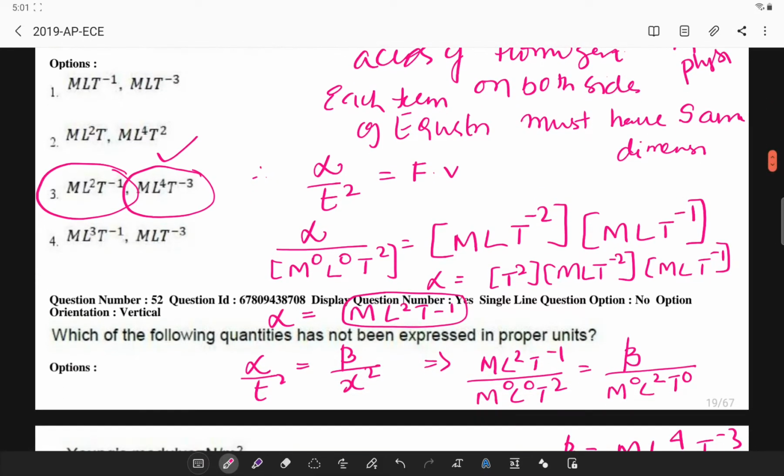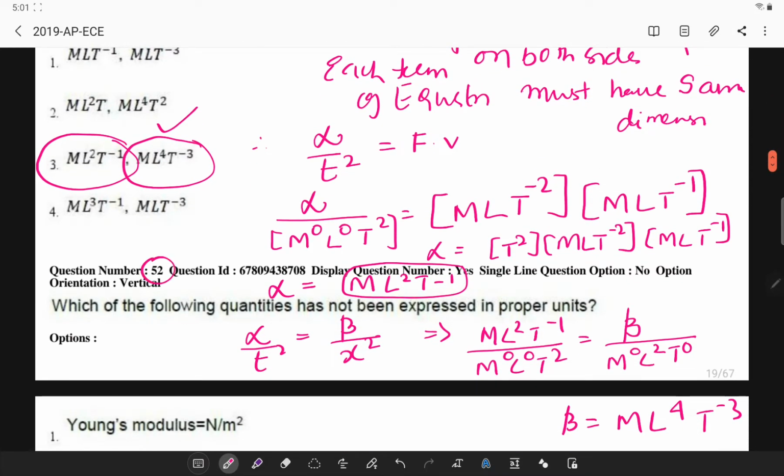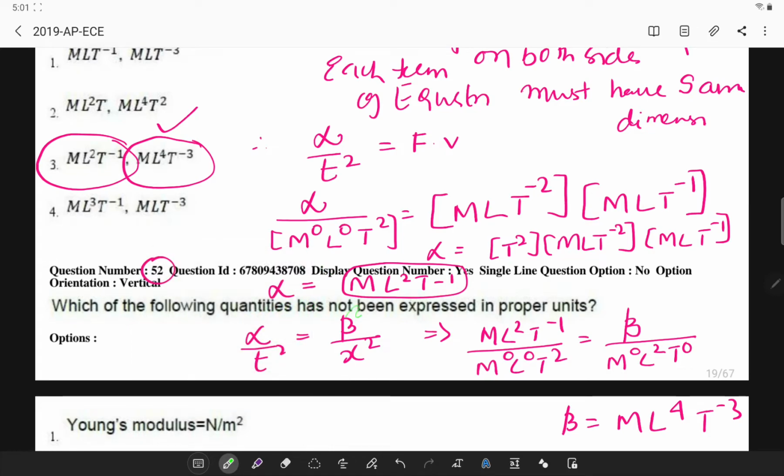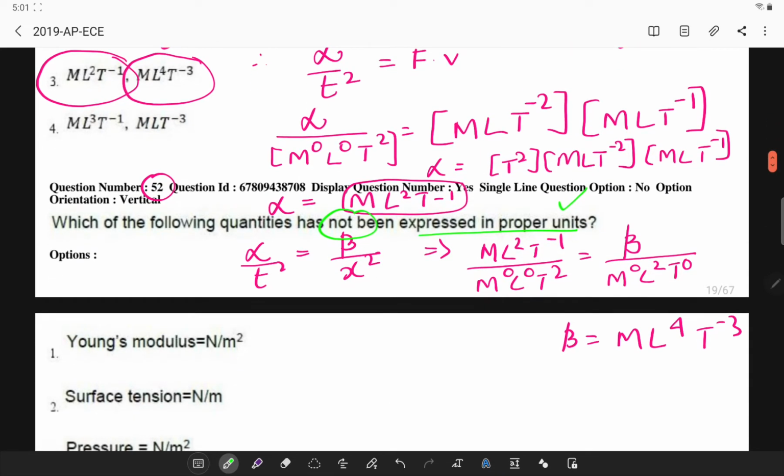Coming to the next question, which of the following quantities has not been expressed in proper units? So if you see, Young's modulus is simply stress by strain, where the unit for stress is Newton per meter square, and strain will have no units.